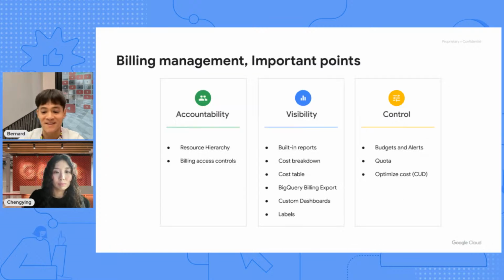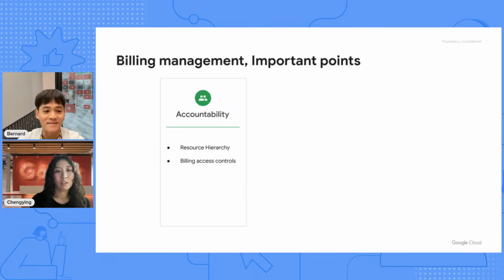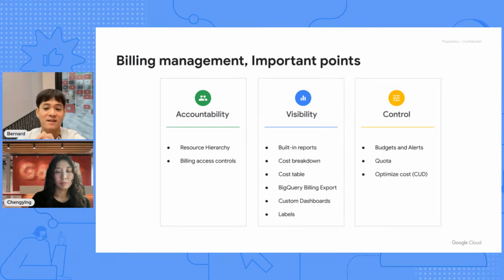Let's begin. Now, cloud billing can be an intimidating topic, so let's break that down into 3 important points for today's agenda: accountability, visibility, and control. Accountability is the foundation of Google Cloud billing. Effective billing management requires a good understanding of your organization resource hierarchy. So, understanding who and what resources within your org can incur costs and how to manage access and usage from a billing perspective.